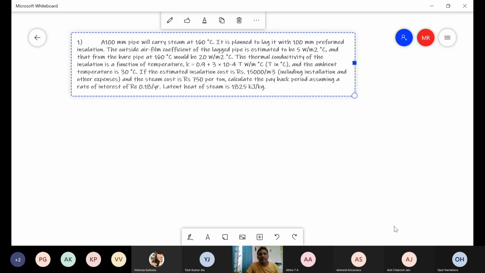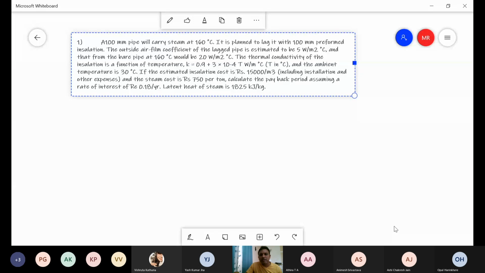The thermal conductivity of the insulation is a function of temperature. K is given as 0.9 plus 3 into 10 raised to the power minus 4 into T watt per meter degree Celsius, where temperature is in degrees Celsius, and the ambient temperature is 30 degrees Celsius.